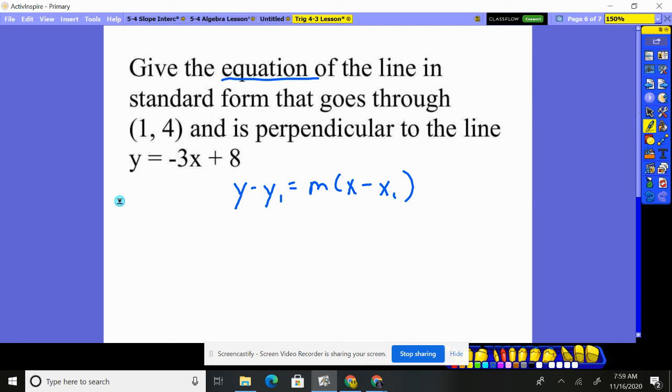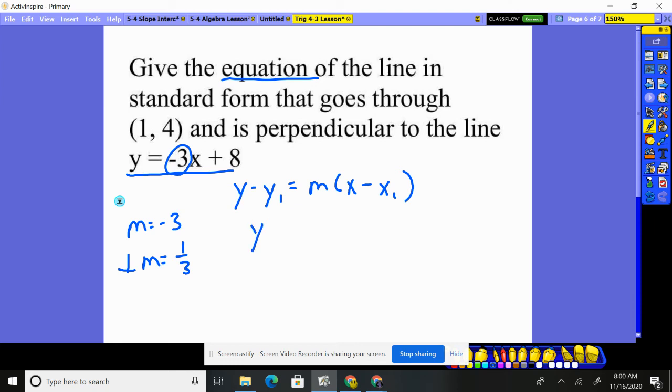I want to be perpendicular to this line. This guy has a slope of -3. So what's the perpendicular slope? Well, flip it and negate it. That would be 1/3. Because it's really -3 over 1, if I flip it, that gives me 1/3 in the opposite direction, so it crosses at 90 degrees.